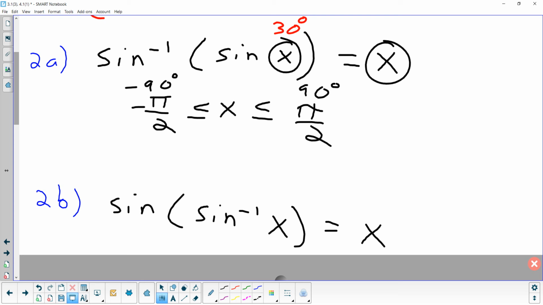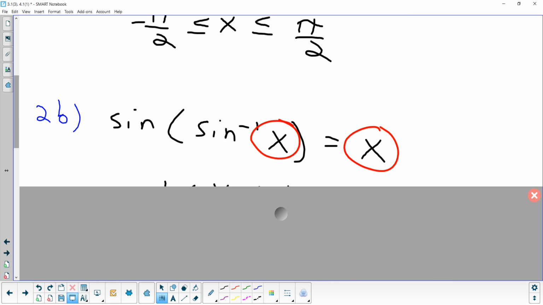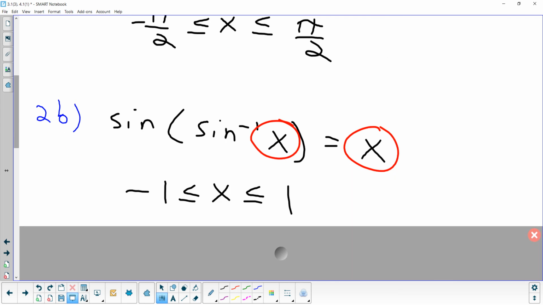And that does make a difference. But under the right conditions, if you take the inverse sine of something and then take the sine, those two things will cancel each other out, and you'll get back exactly the same thing you started with, as long as x is between -1 and +1.